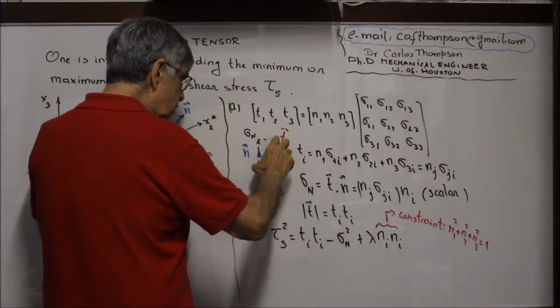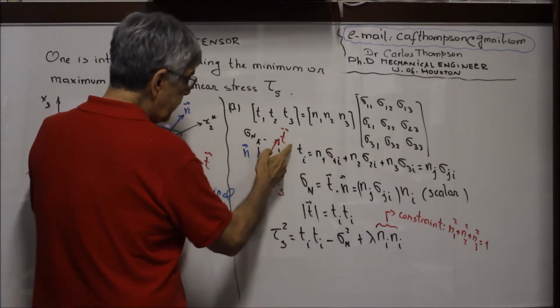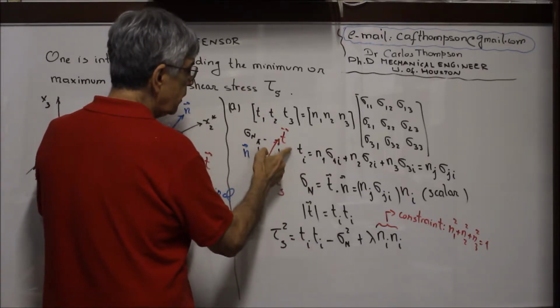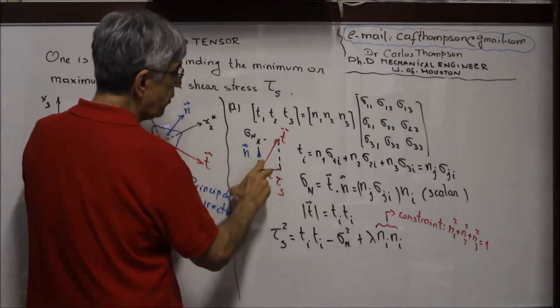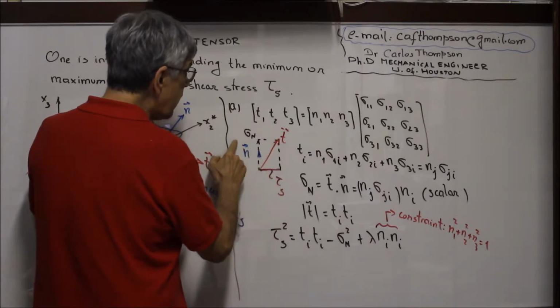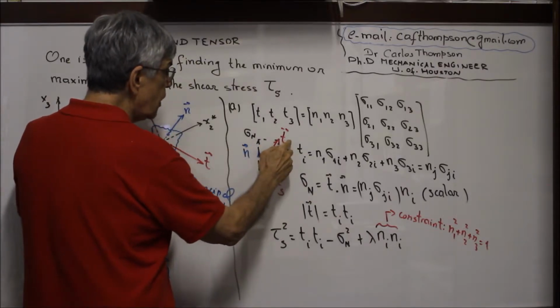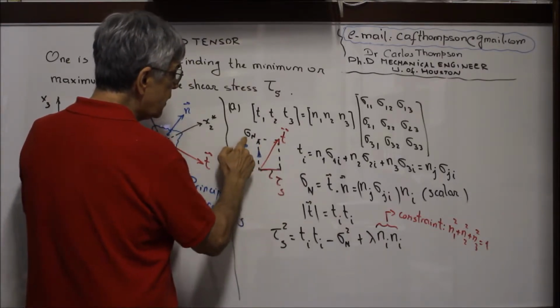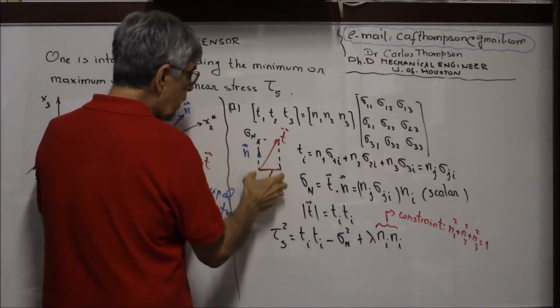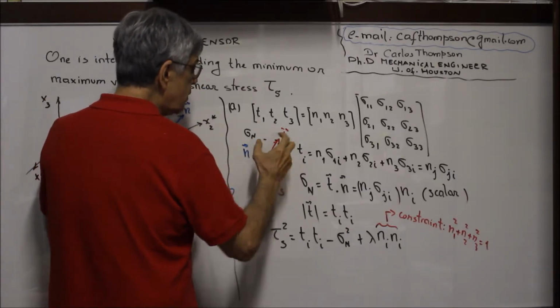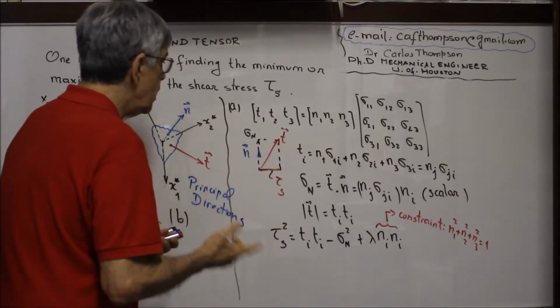To get the magnitude of t, you just take t dot t, the magnitude of this length squared. Now sigma n is the projection, so t dot n is sigma n. So sigma n squared plus tau s squared is equal to t dot t.